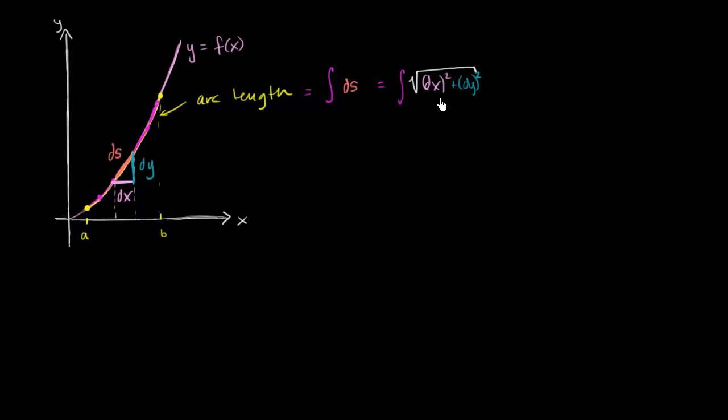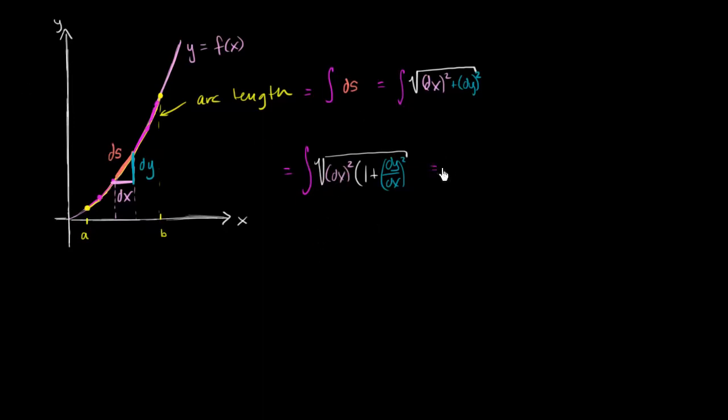Well, I could factor out a dx squared. So let me just rewrite it. This is going to be the same thing as the integral of the square root of dx squared times 1 plus (dy over dx) squared. Notice this and this is the exact same quantity. If I distribute this dx squared, I'm going to get this right up here. And now I can take the dx squared out of the radical.